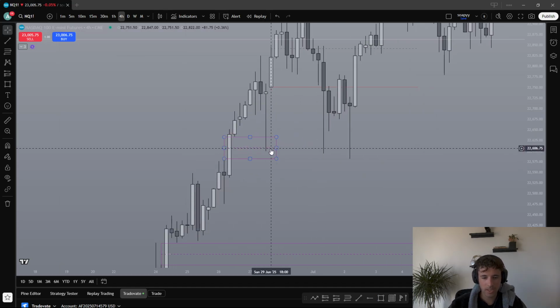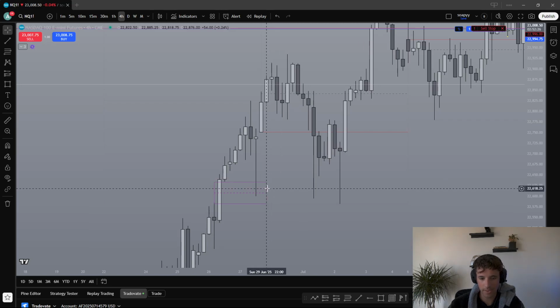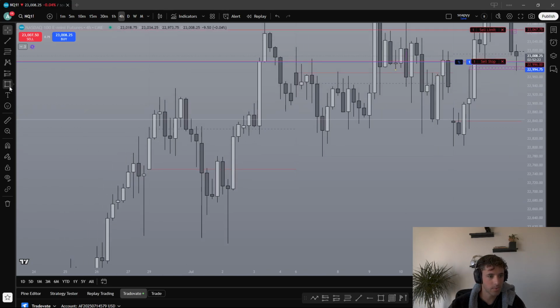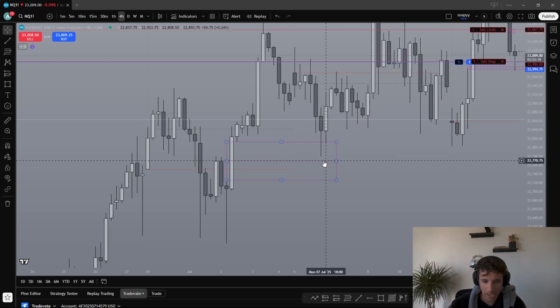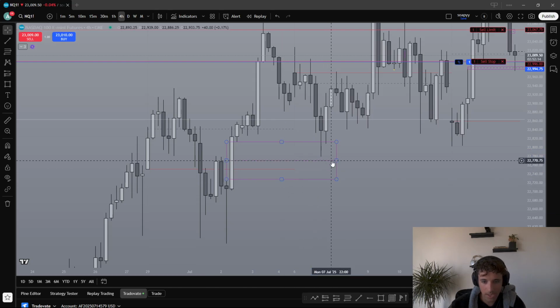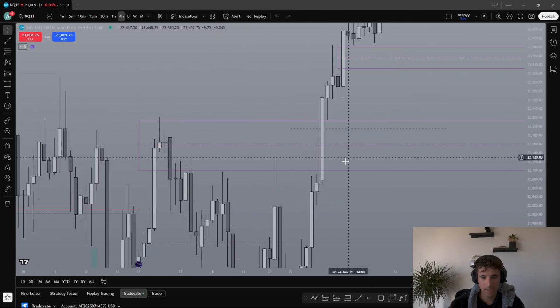You see how my box has a 50% line, this little dotted line right in the middle of the box? You see how price perfectly taps into the center and then pushes up? The 50% is a good place for TPs. And here's another example, right here, here's a gap. We barely miss it. That's a bad example because I guess we didn't hit it there.